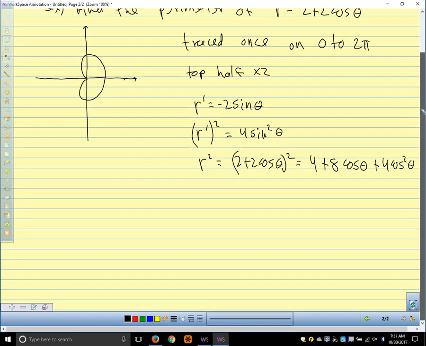This looks a little intimidating, so we're going to say r squared plus r prime squared is 4 cosine squared theta plus 8 cosine theta plus 4 sine squared theta.